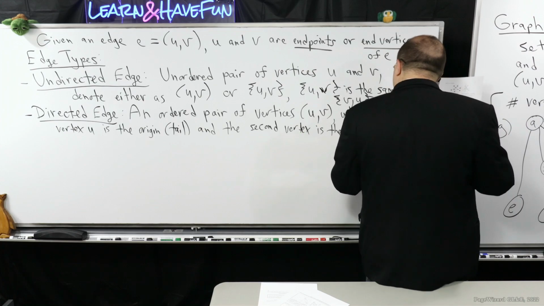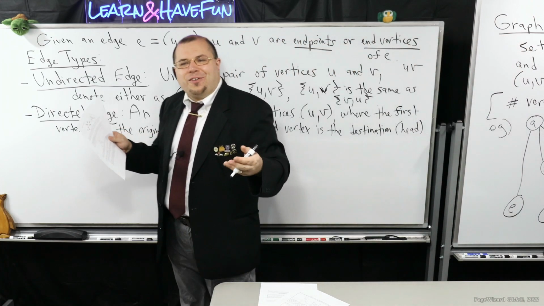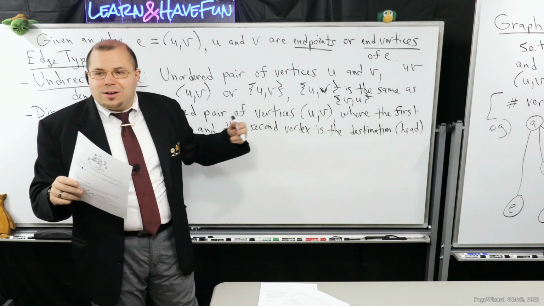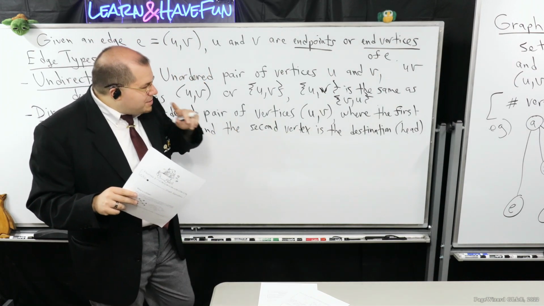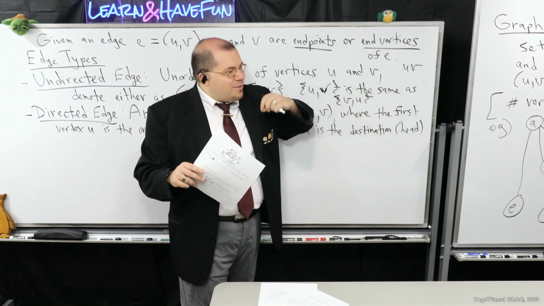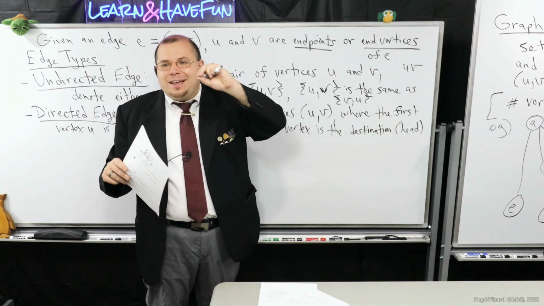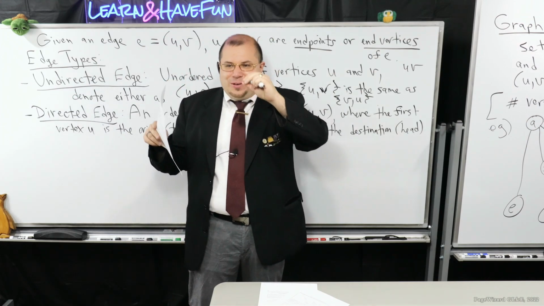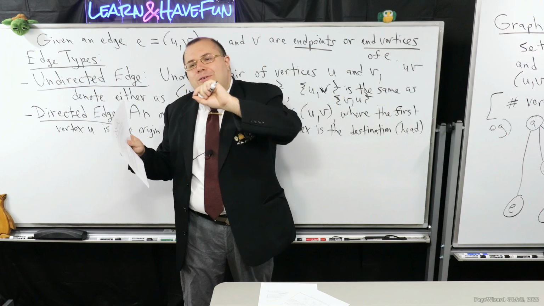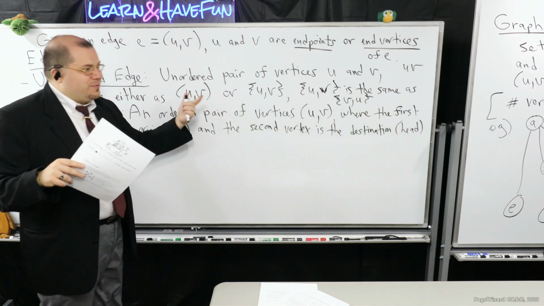A caution about the term destination: if you talk about some routing problem, like our flight map application that we talked about, I would probably not use that terminology because it sounds like you're going to that place. In the context of an edge, as you're going to see in my picture shortly, if you follow the arrow, it tells you where you're going, which makes sense of why you'd have an origin versus destination.